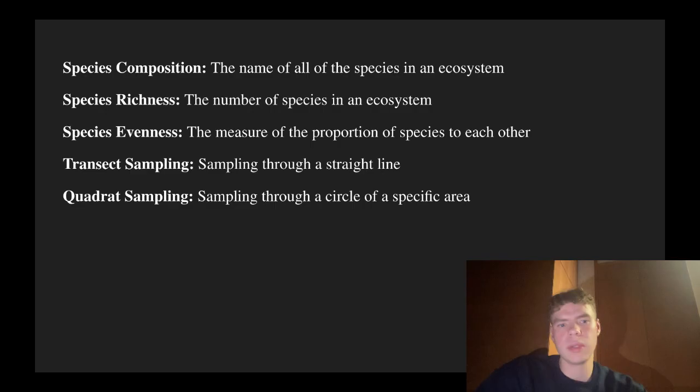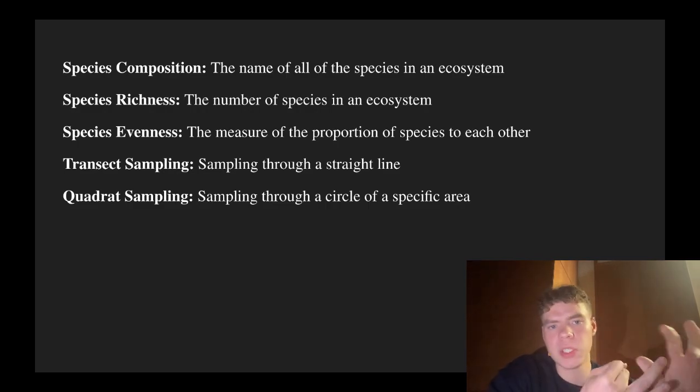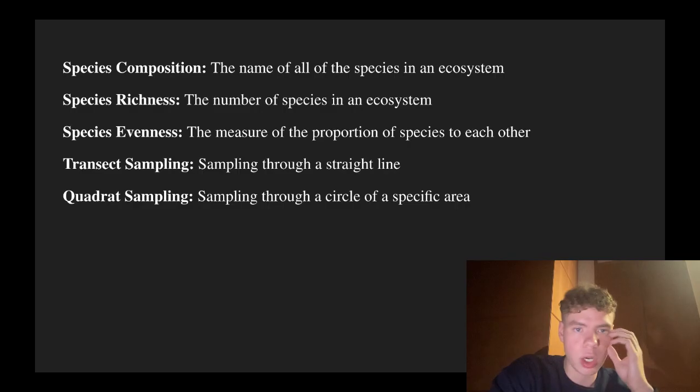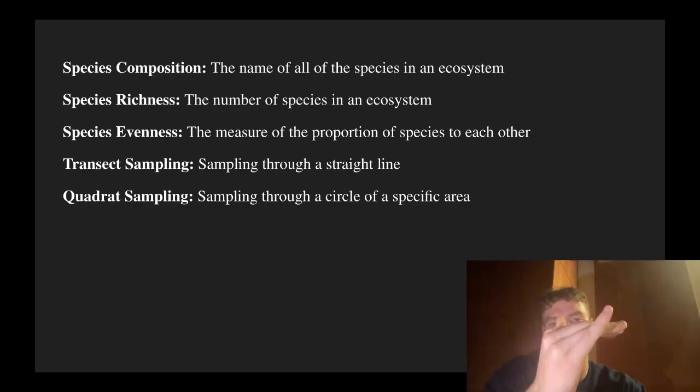And this slide here is how we measure biodiversity in an ecosystem. So we can measure it through species composition, species richness, or species evenness. And we could also research through transect and quadrat sampling.